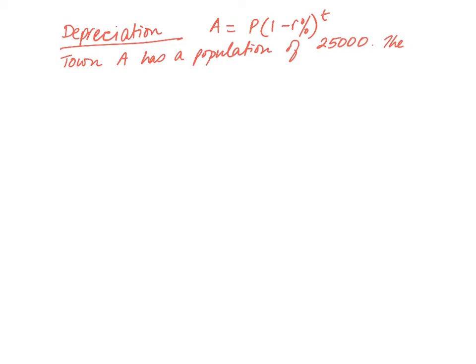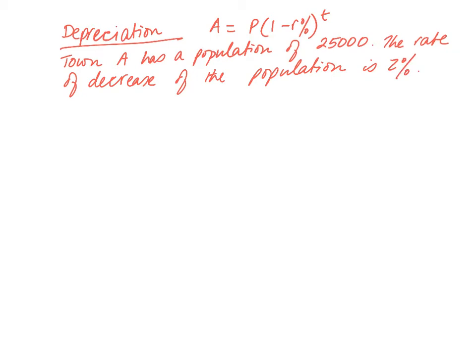The rate of decline or decrease of the population is 2%, right? 2%. So let's say we want to find it in 7 years. What is the population after 7 years?